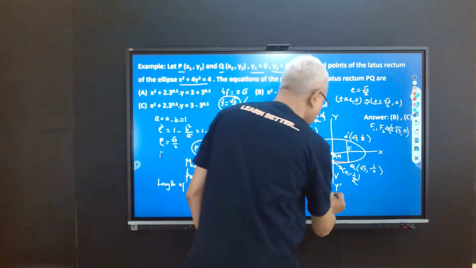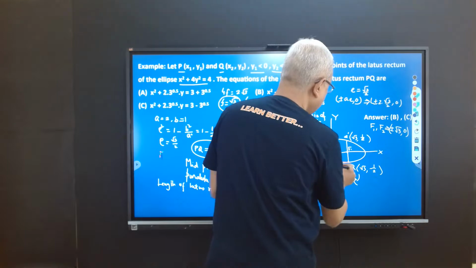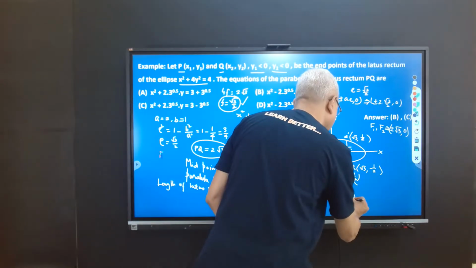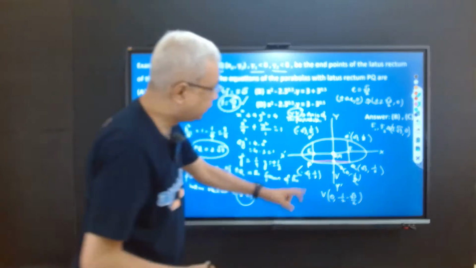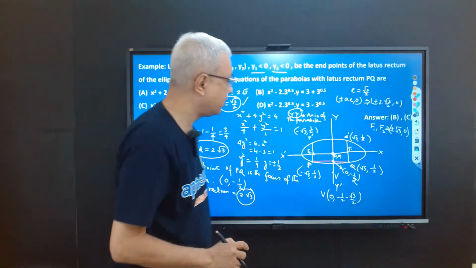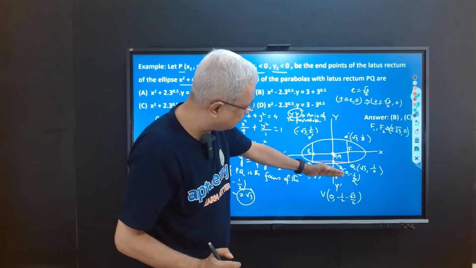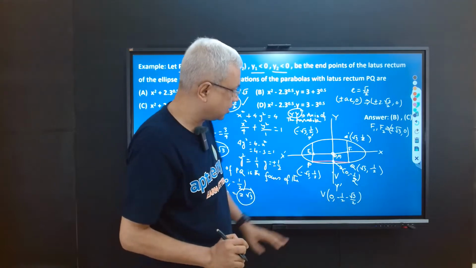It is 0 minus root 3 by 2. That means from the focus it is root 3 by 2 distance below the focus.